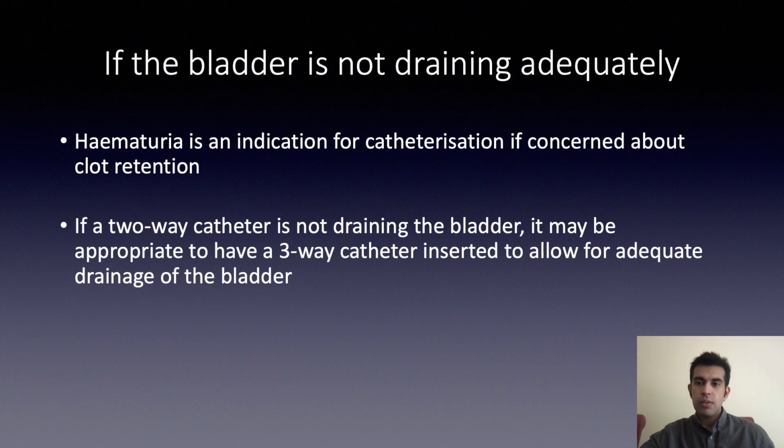A 3-way catheter is quite specialized, with an outflow for urine, which is typically the largest channel, an inflow channel for saline irrigation in order to push away any clots and other debris within the bladder, and then of course the channel which allows you to inflate the balloon to keep it stable and in place. We do have a talk on catheterization techniques which will be very useful in looking at this in more detail.